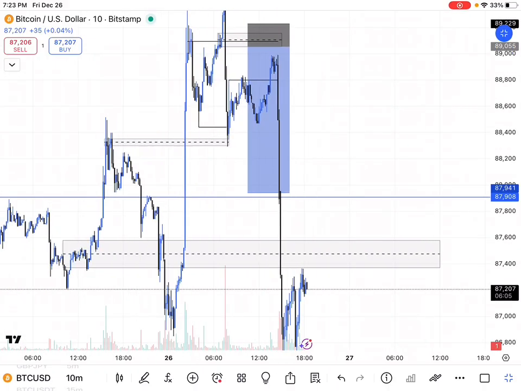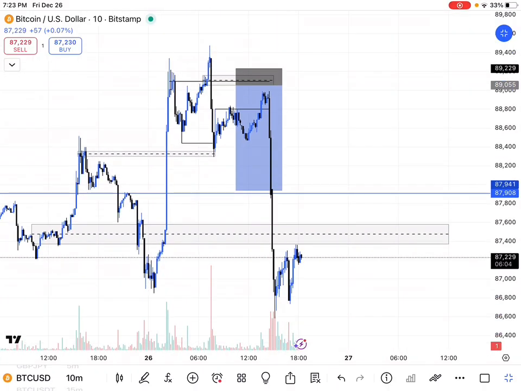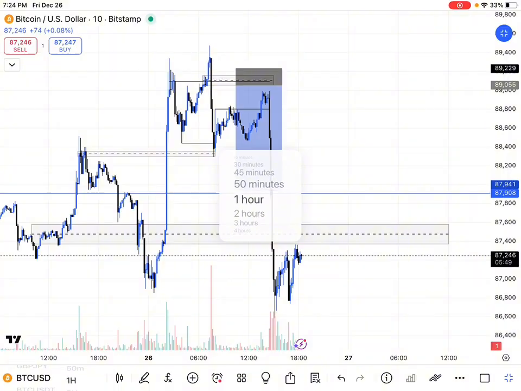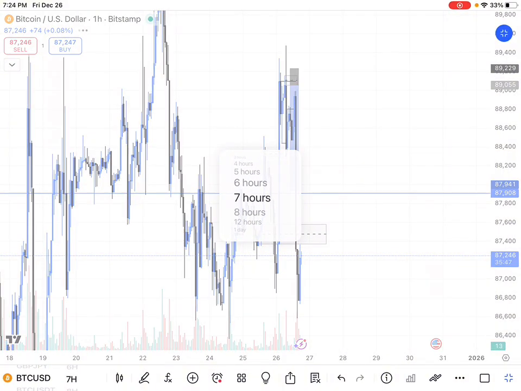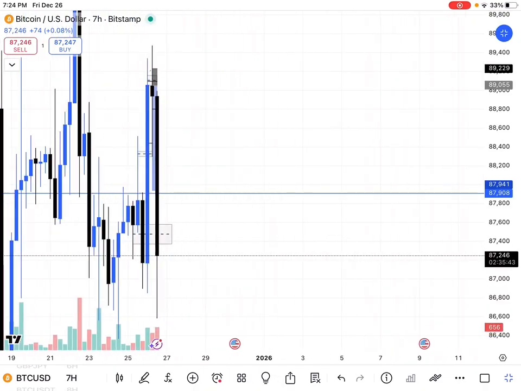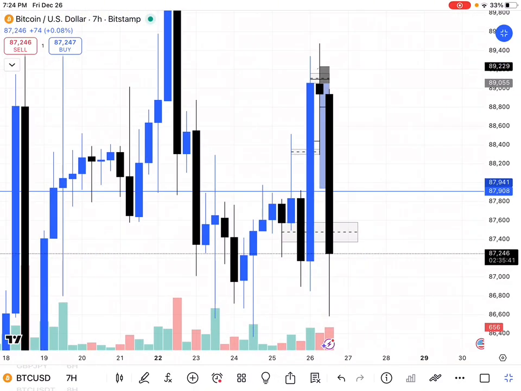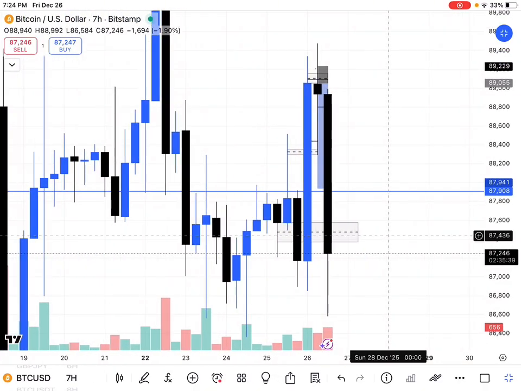One thing I also want to say is, if you want to start using CRT, make sure you have the paid TradingView, because I saw this CRT trade on the 7-hour time frame. As you can see, let me show you right here. This is the CRT trade, and I saw it on the 7-hour time frame.